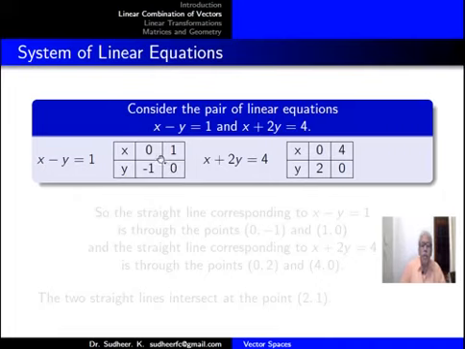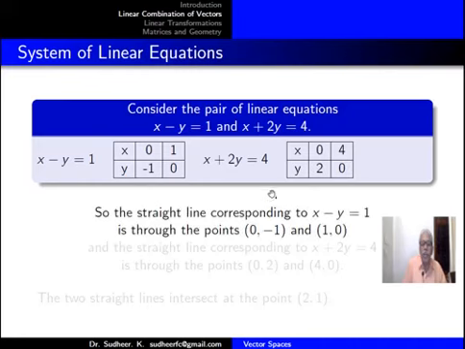So, (0, -1) and (1, 0) are 2 points on the line x minus y equal to 1. Now, consider the linear equation x plus 2y equal to 4. As before, we find 2 points on this line. Put x equal to 0, you get y equal to 2. And when you put y equal to 0, you get x equal to 4. So, (0, 2) and (4, 0) are 2 points on the second line.